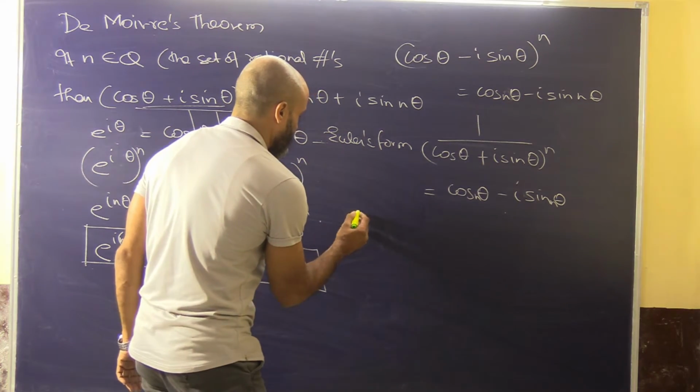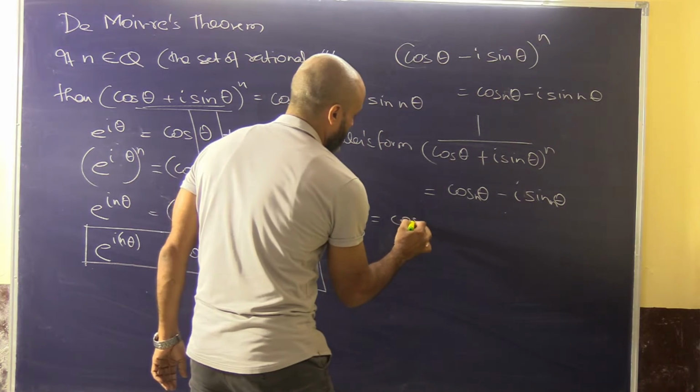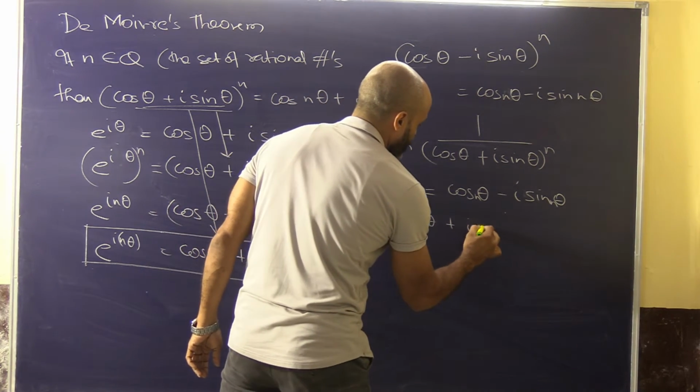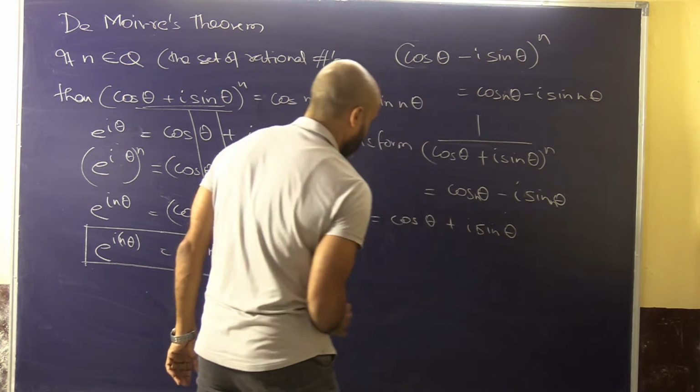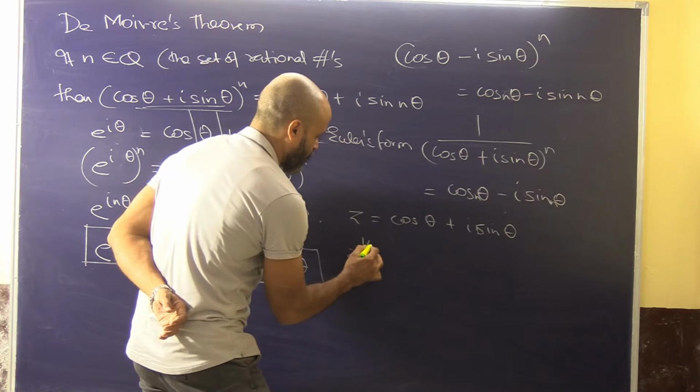If we have, let's say, z is a complex number equal to cos theta plus i sin theta, and let's say we take the nth root of z.